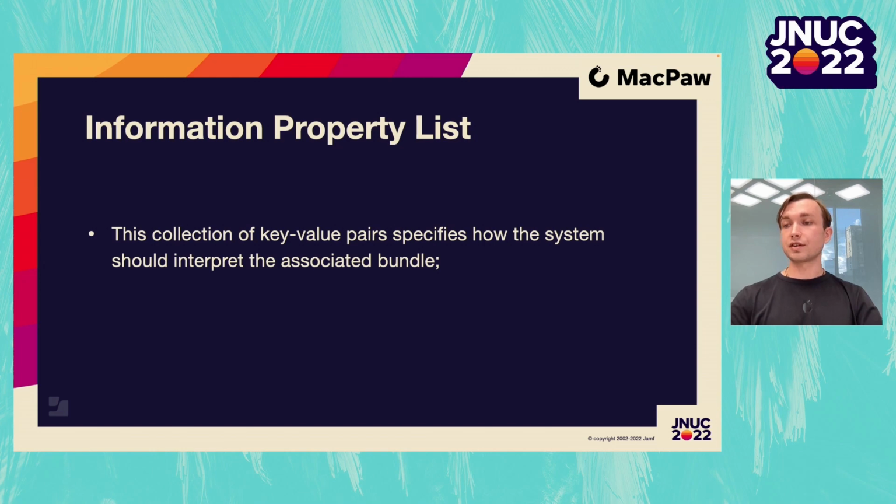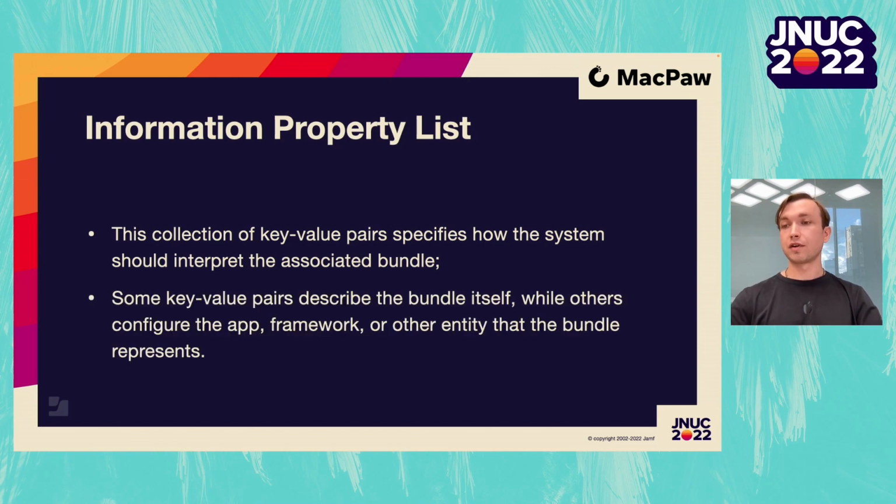Some key-value pairs characterize the bundle itself, while others configure the app, framework, or other entity that the bundle represents. Interesting that some keys are required while others are specific to a particular feature of the executable. The points of interest here are two keys: SUFeedURL and NSHumanReadableCopyright.